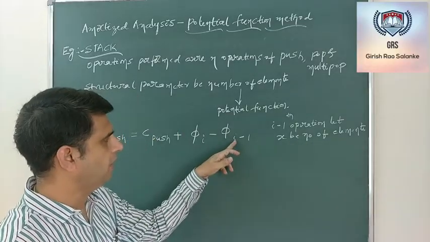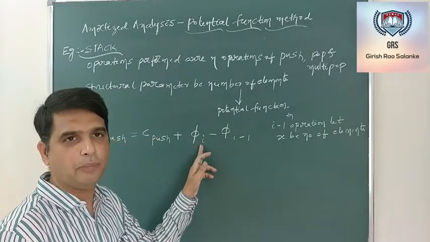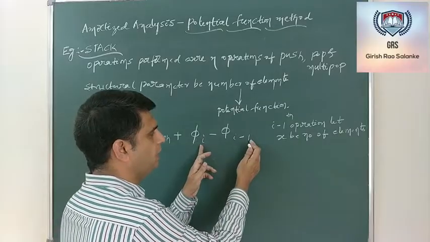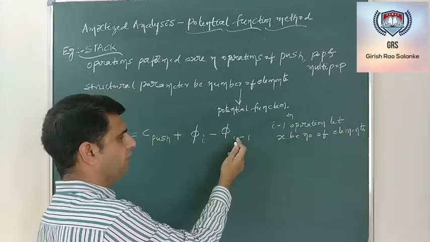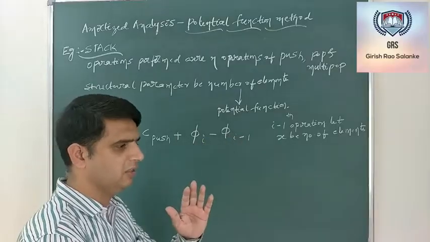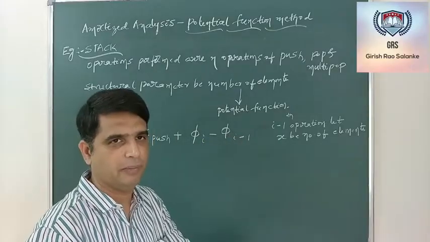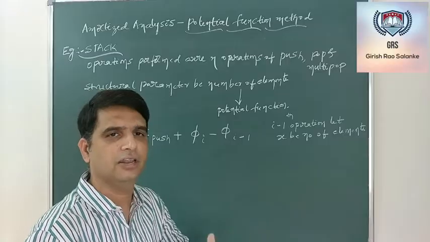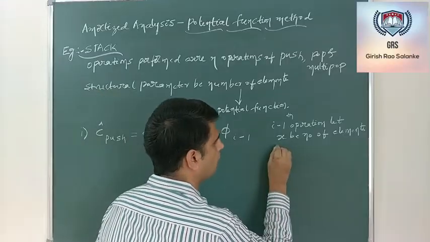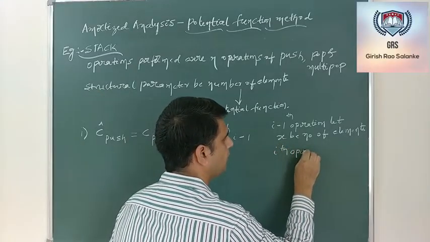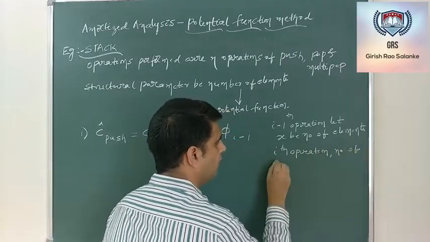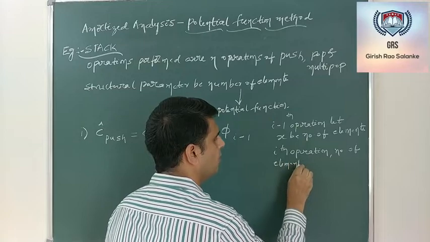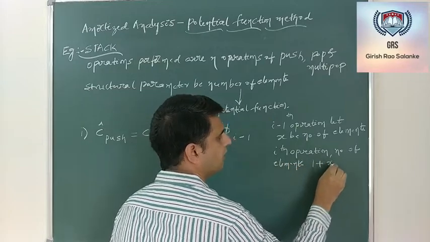Now, what will be the number of elements after the ith operation? After the i minus 1th operation, the number of elements was x. If the next operation, the ith operation, is a push, then the number of elements will be 1 more than x, that is 1 plus x.